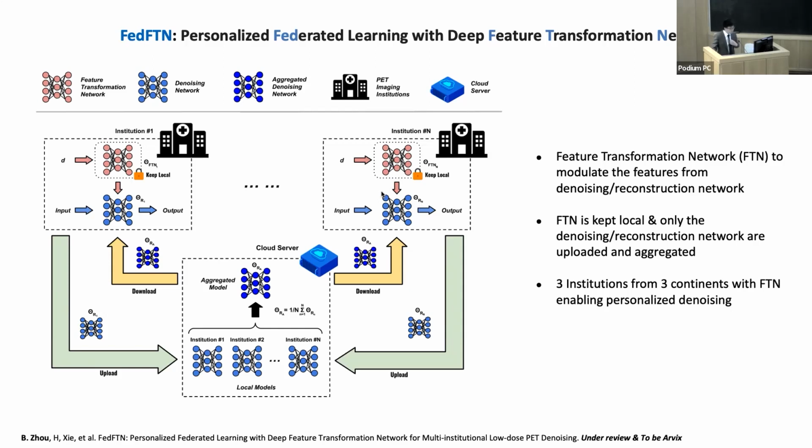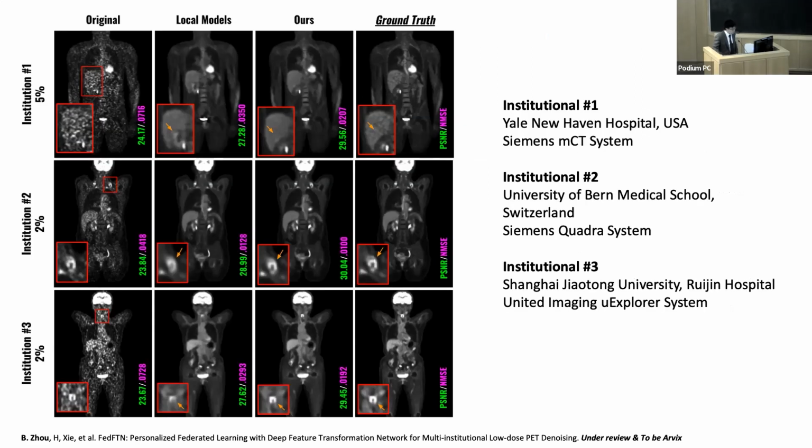And during the federated learning process, we only upload the denoising network to the central server to aggregate and redistribute. And the local network will modulate the feature output from this denoising network to adapt to different distributions at different institutions.